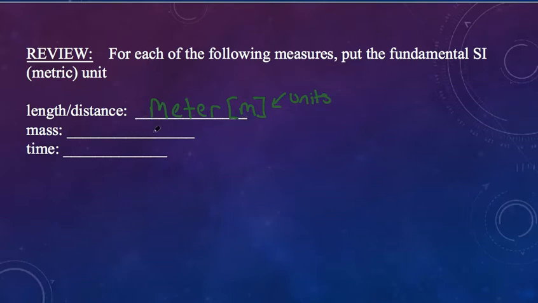So M stands for meter, in brackets. Mass: the base unit for mass is the kilogram. This is the only base unit that actually has the metric prefix kilo, standing for 1,000, and its symbol is kg. And then for time, we have the second, and its symbol is the letter S. Okay, so nothing new there.